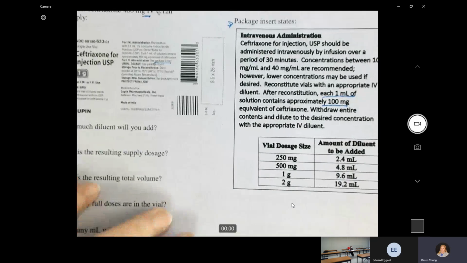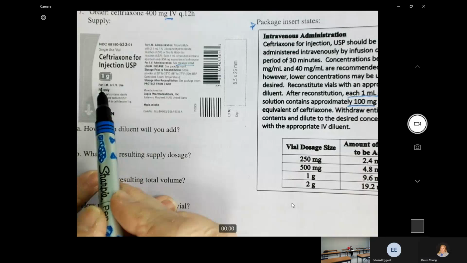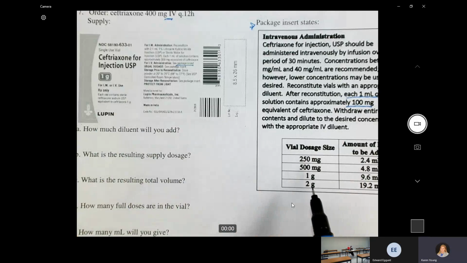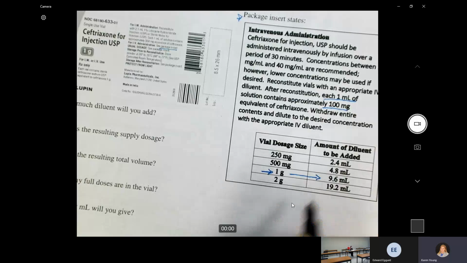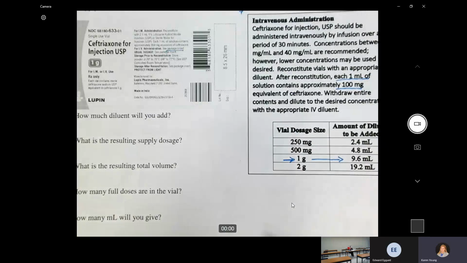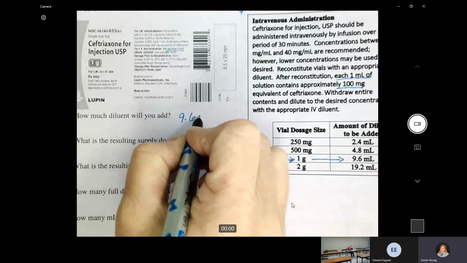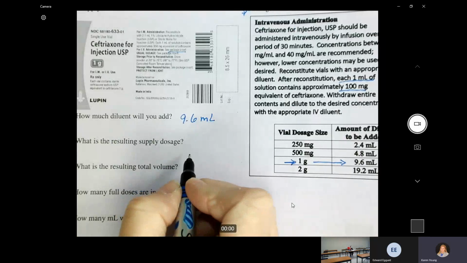I have to look at my vial size, and I have a 1 gram vial. So I'm going to look at my 1 gram and realize I'm going to add 9.6 milliliters. So how much diluent would I add? I'm adding 9.6 milliliters. And then what's my resulting supply dosage?